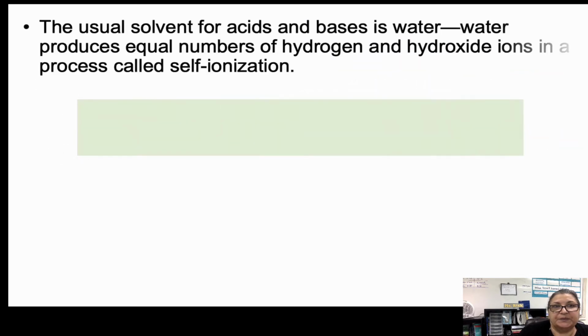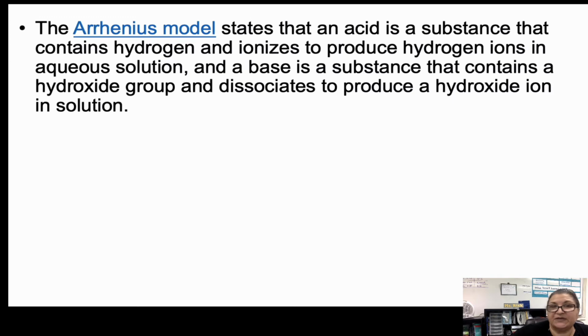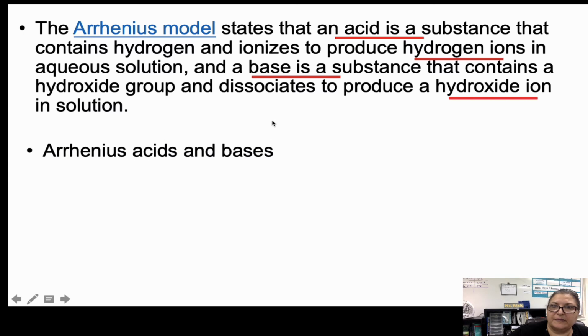Now, we're going to go over Arrhenius first. The Arrhenius model, a model of acids and bases, states that an acid is a substance that contains hydrogen and ionizes to produce hydrogen ions in aqueous solution, and a base is a substance that contains a hydroxide group and dissociates to produce a hydroxide ion in aqueous solution.